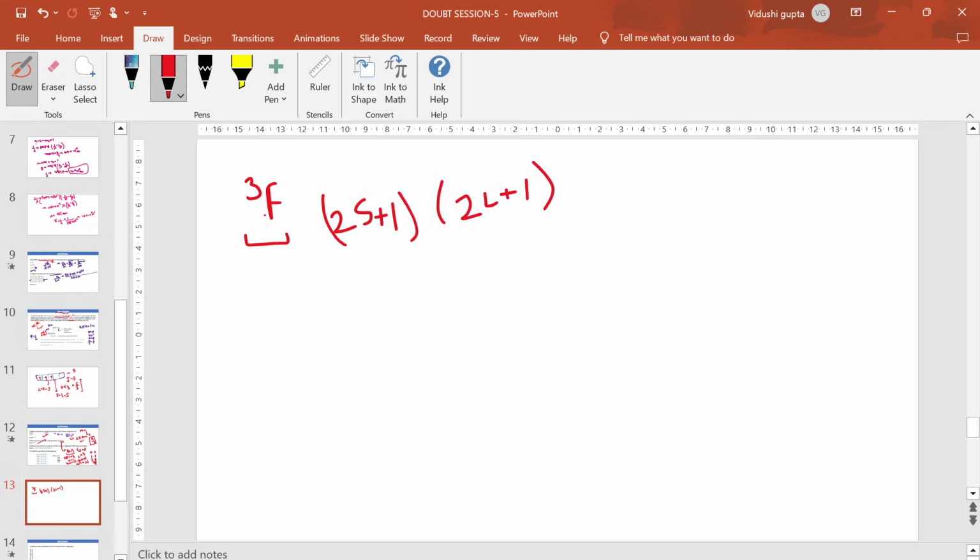What does 3F tell you? 3F means 3 is your spin multiplicity. That means 2S plus 1 is your 3. So from here you can calculate S. 2S will be 3 minus 1, that is 2. So S will be 1.